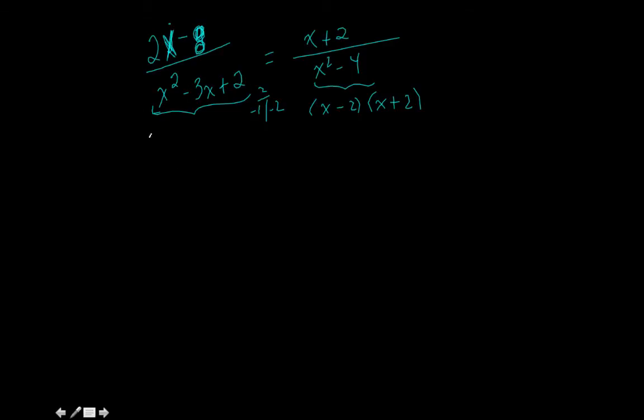That does add up to -3. So this is x minus 2, x minus 1. Okay, so we have x minus 2 appearing at most once. We have x minus 1 appearing at most once. We have x plus 2 appearing at most once, and that's it. That's the only factors we've got.